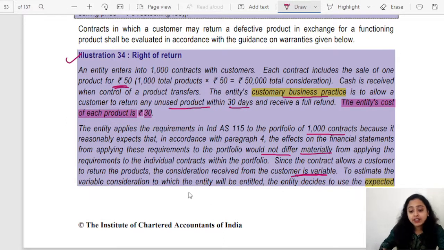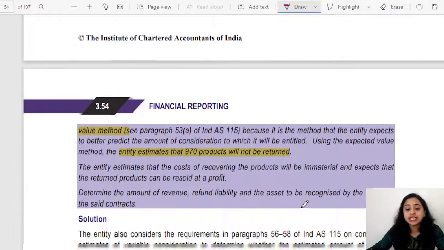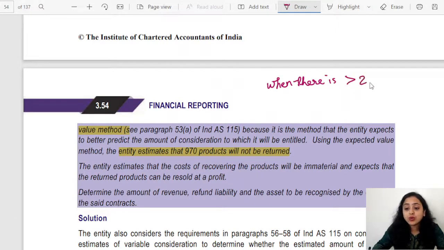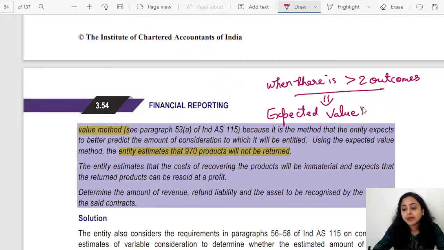To estimate the variable consideration to which the entity will be entitled, the entity decides to use the expected value method. Why expected value method? Because there are multiple outcomes. When there are more than 2 outcomes possible, you use the expected value method.